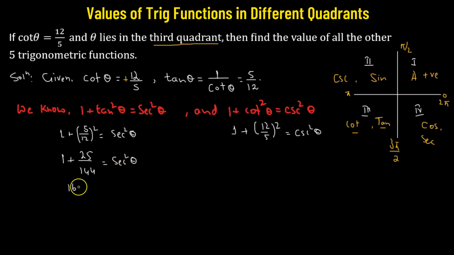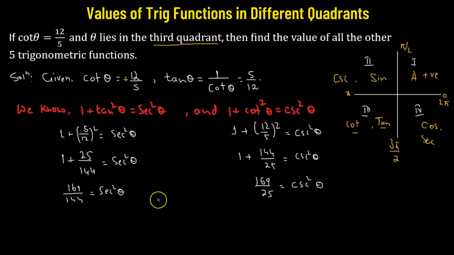So we get 169 over 144. That's the value of secant squared theta. Then for cosecant squared theta, we have 1 plus 144 over 25, so we get 25 plus 144 over 25. So that's 169 divided by 25, which equals cosecant squared theta.